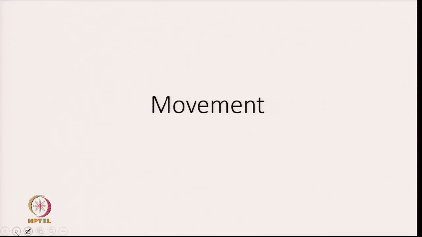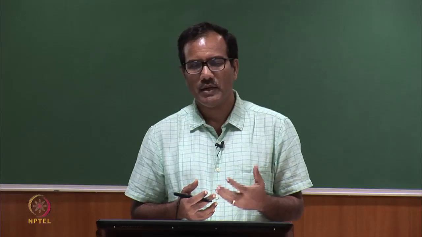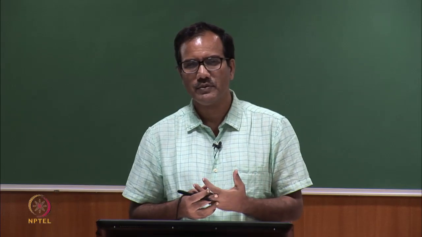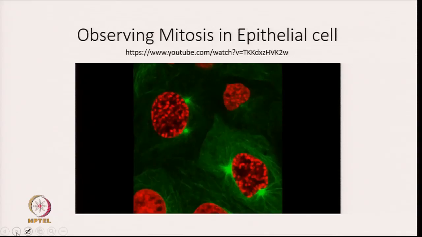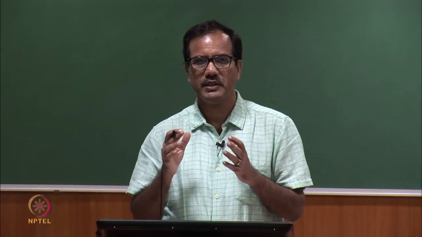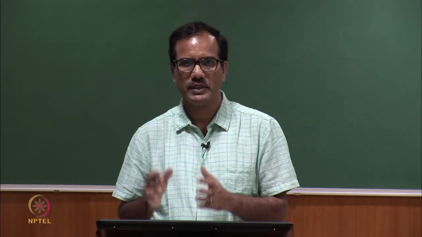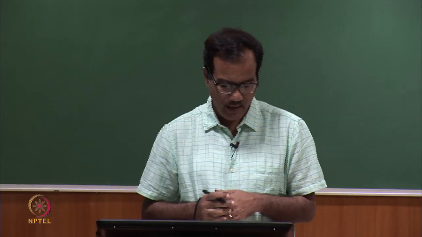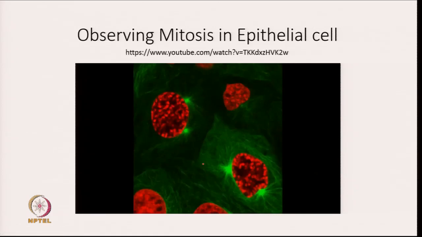We can also look at the movement. I have discussed a few examples, but I am now going to show you a picture in which fluorescence microscopy is used to look at mitosis in epithelial cells. Let's look at this.